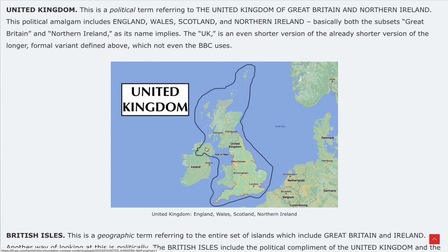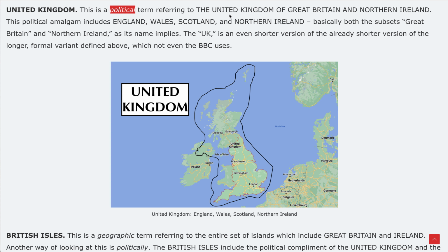Basically the same, except this term, as I say, United Kingdom, is a political term, because it includes the member countries of the kingdom that's united. All of these separate countries are a part of a single united kingdom. They're their own sovereign countries within a united kingdom, a political conglomerate, whatever you want to refer to.